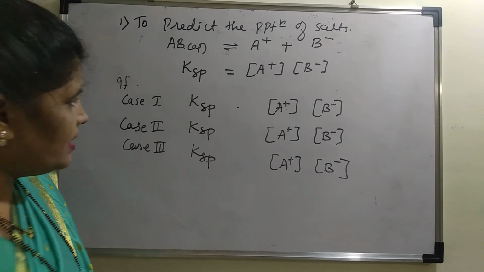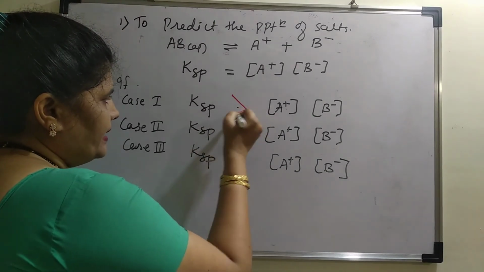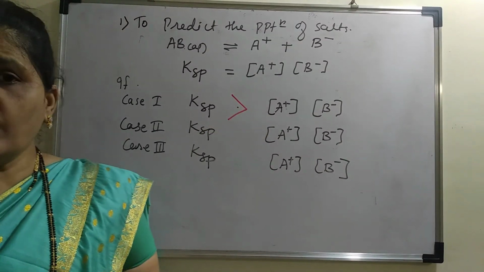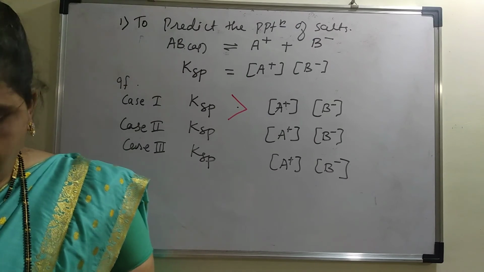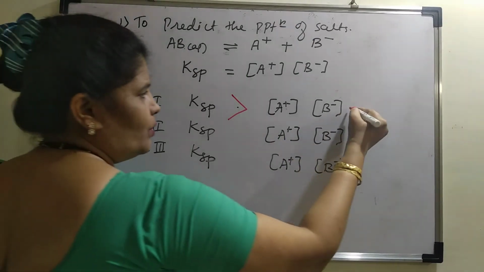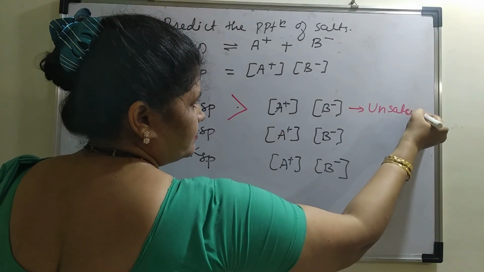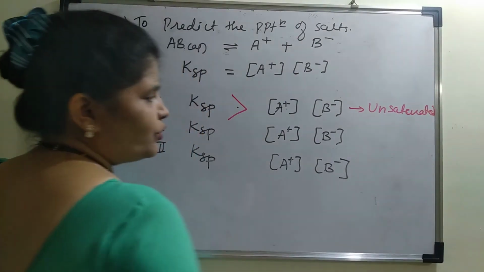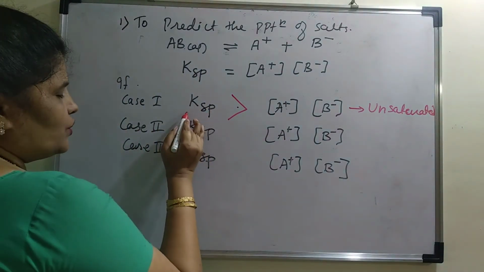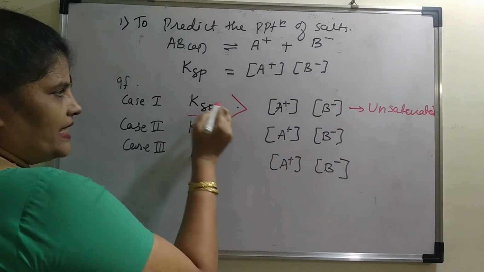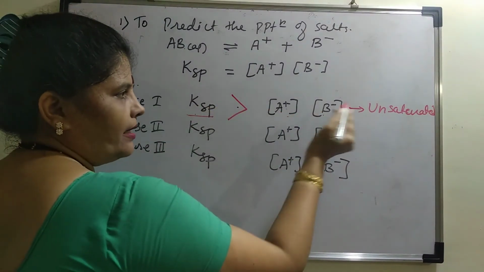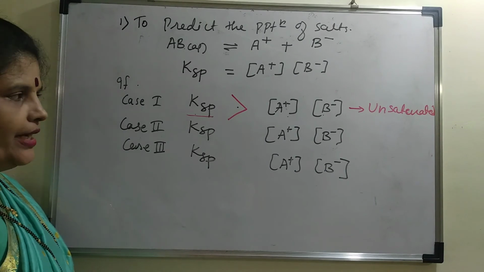Let us see this. If the solubility product is more than the ionic product, then what will happen? The solution will be unsaturated. When the solubility product exceeds the ionic product, then the solution is unsaturated.